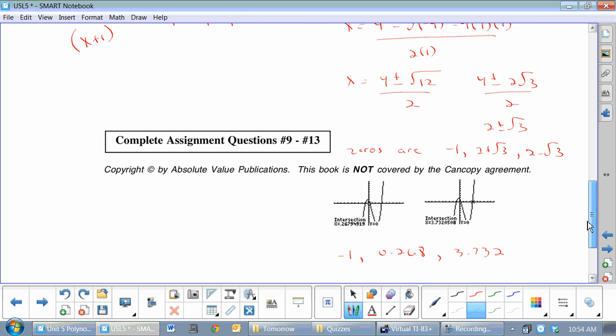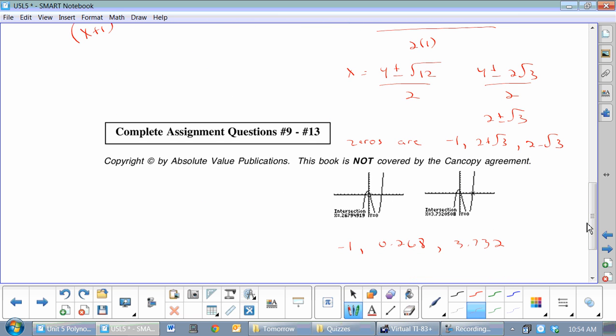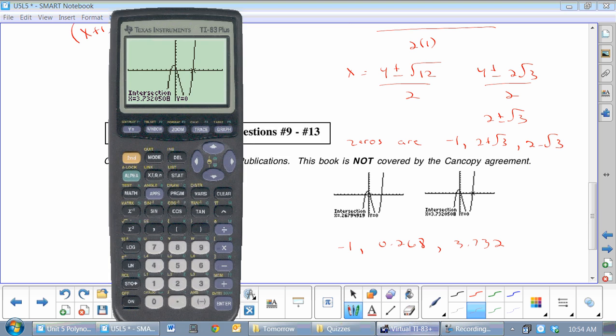You'll always get the opposite because these aren't our factors, right? These are our roots. But if you multiply those together, let's try this, second quit. So if I go negative 1 times 0.268 times 3.732, it is negative 1. And that'll always be the opposite.